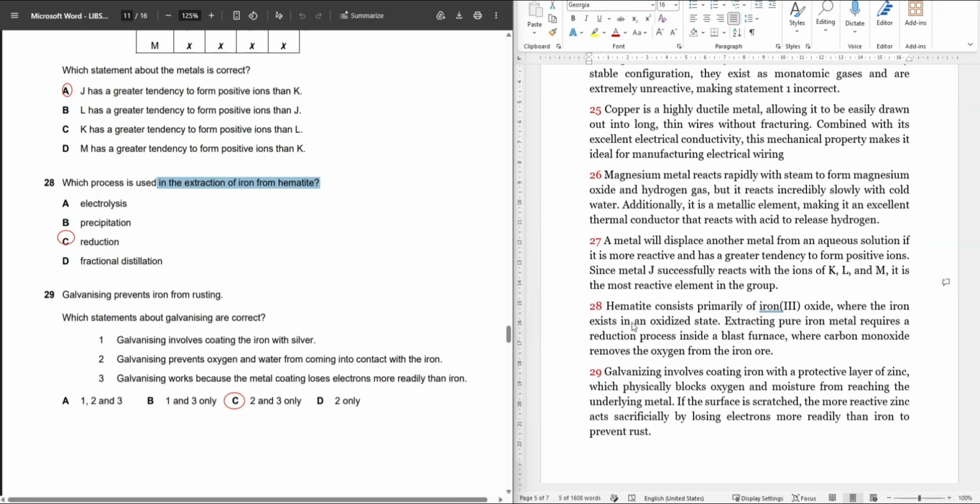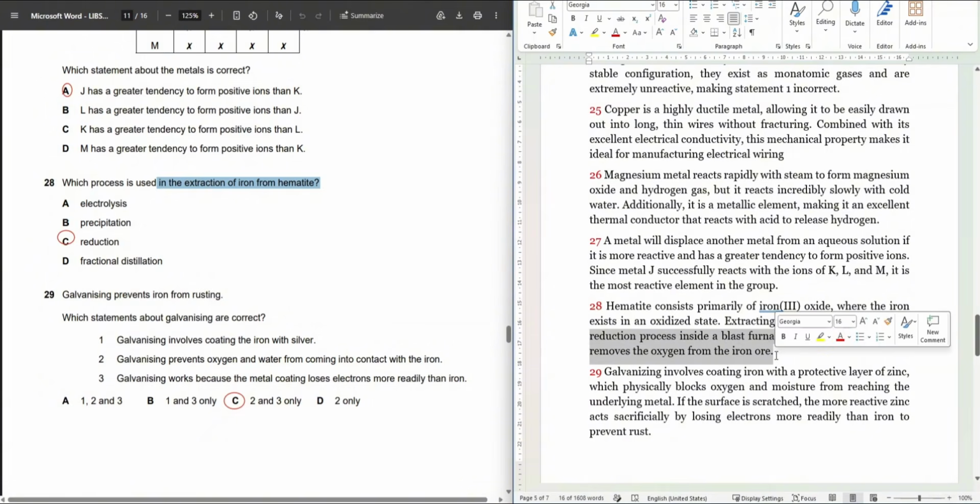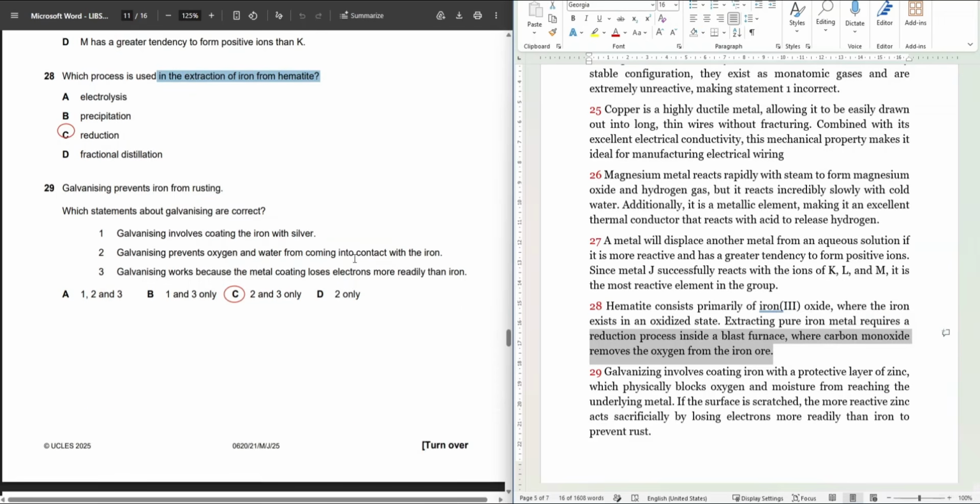The logic behind this is that hematite consists primarily of iron oxide, where the iron exists in an oxidized state. Extracting pure iron metal requires a reduction process inside a blast furnace, where carbon monoxide removes the oxygen from the iron ore.